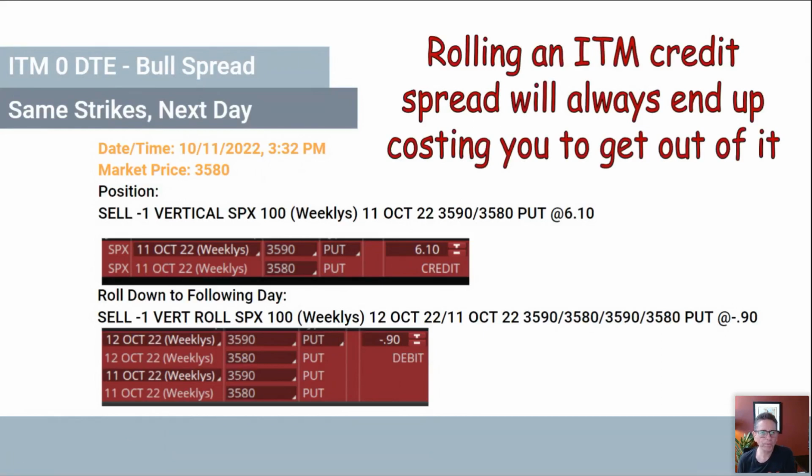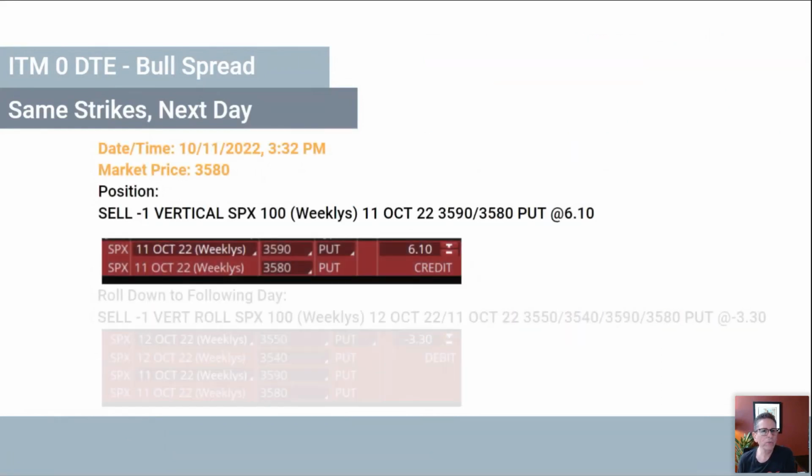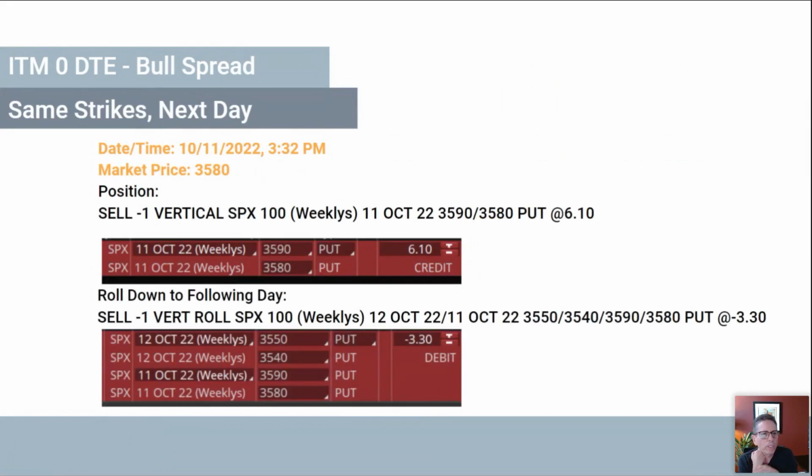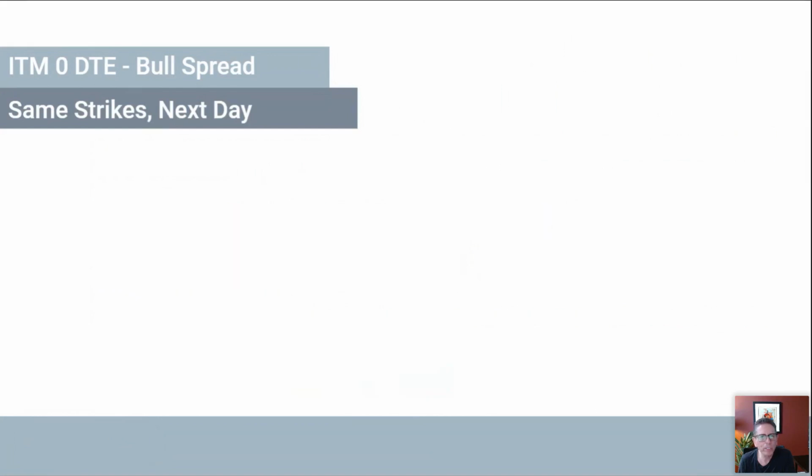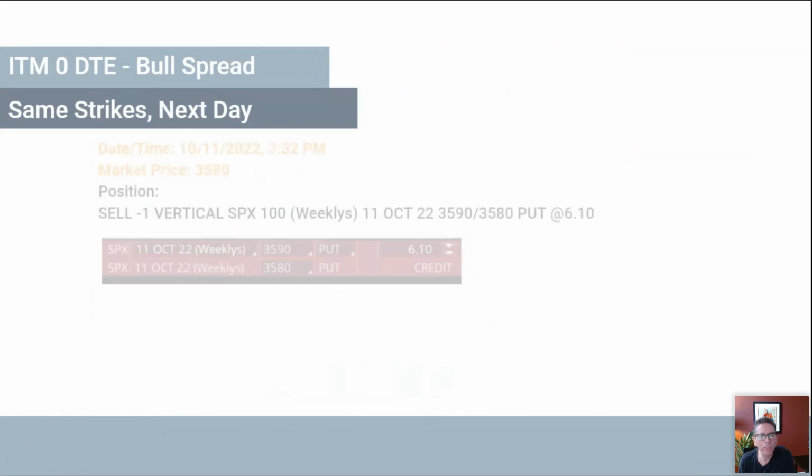All right. On the next one here, we sell the 35.90, 35.80. Again, this one's in the money, rolling it out the next day. So the next day, you get a $3.30 debit. Okay, it's even bigger. It's bigger, much bigger.